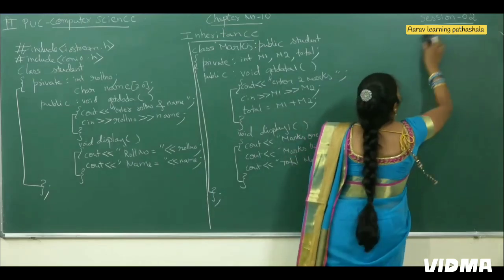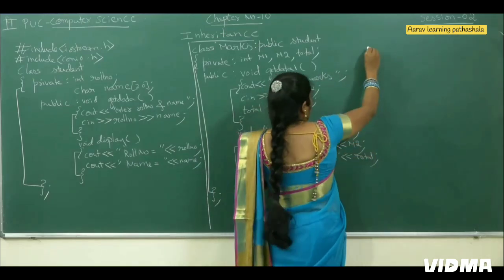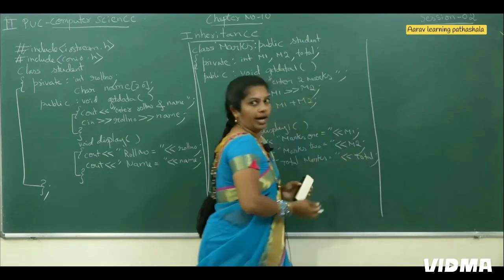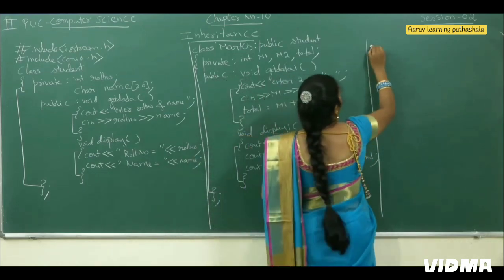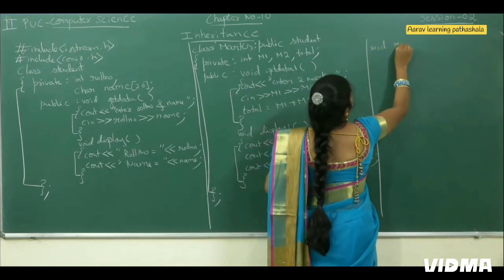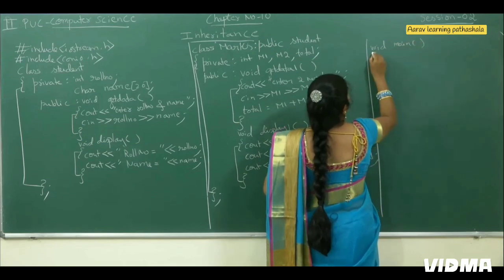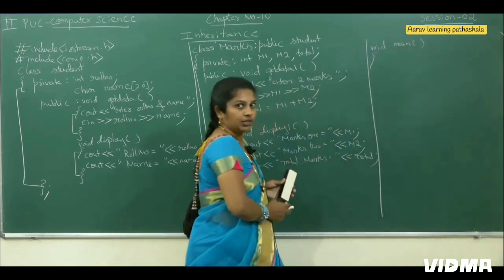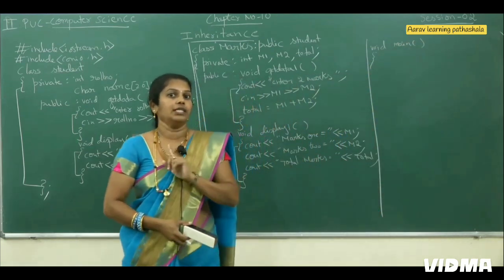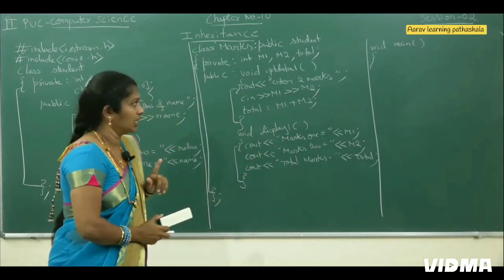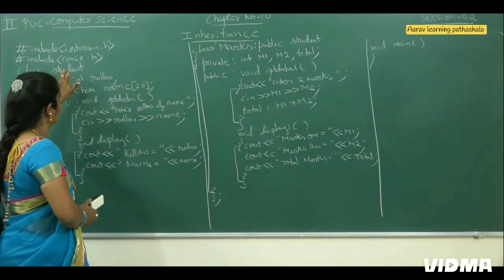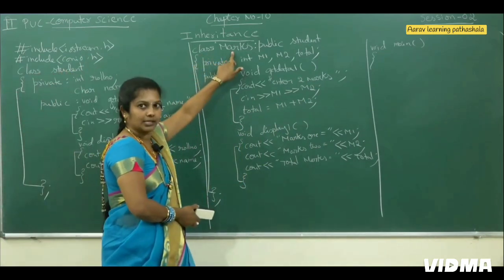What is the next thing? How to write the main program? As usual, void main. Here create the object. Here you do not need to create the object separately. Student is one class, marks is also one class.